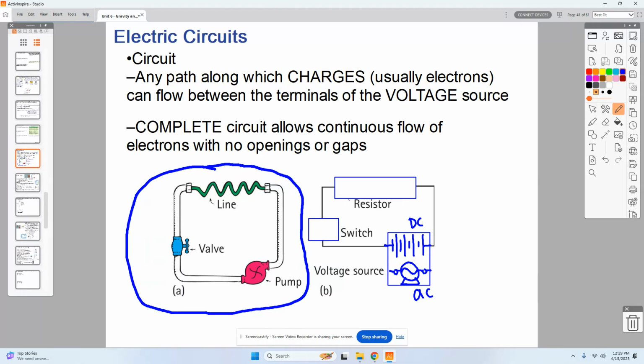Now, a valve in our mechanical systems, you open or close to allow the water to flow. A switch in an electrical system would look something like this. Typically it has two terminals, and then you have a gate or a bar that can open or close. Now, in contrast to a mechanical system, a closed valve shuts things off, and an open valve allows things to flow.